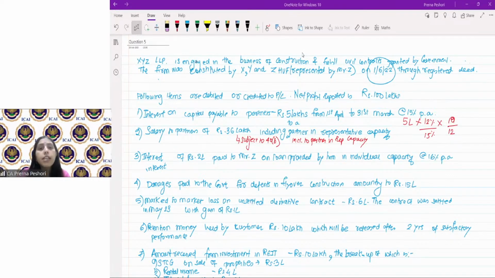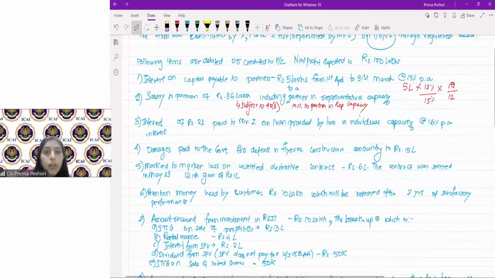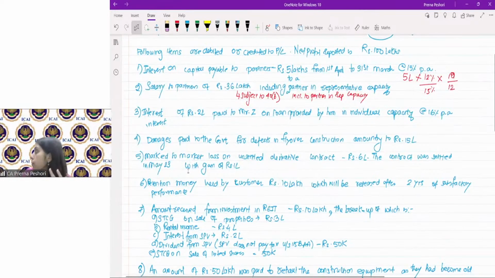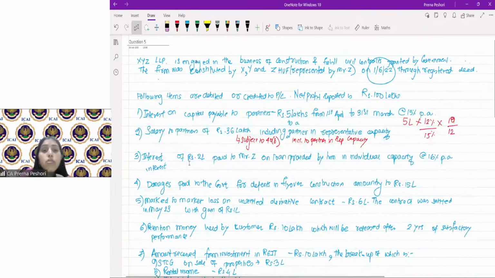So here if you see, there is another adjustment which I have written, the third adjustment. Interest of 2 lakh paid to Mr. Z on loan provided by him in individual capacity at 16% per annum interest. Whether this will be subject to 40B?